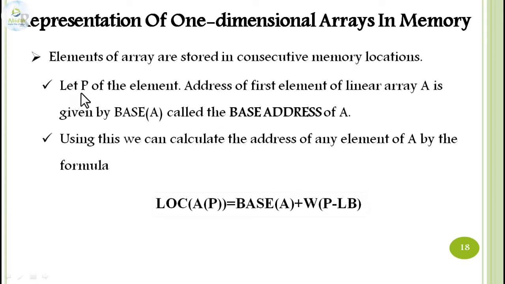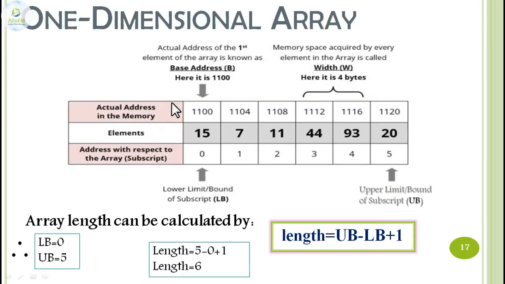If P is the element that is stored in an array, and the address of the first element in a linear array called A is given by the base address A, so we will call it the base address A of the linear array A. That is the starting address of the array A, that is what we have seen in the previous diagram.